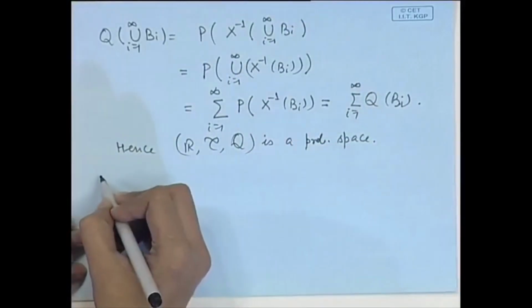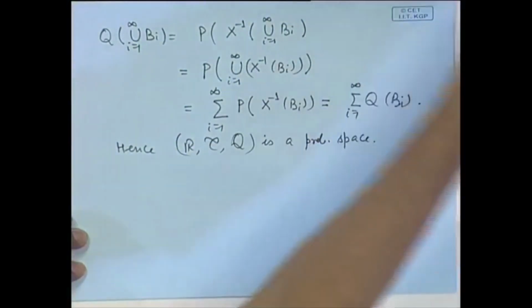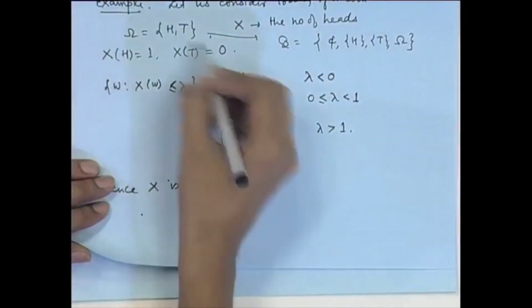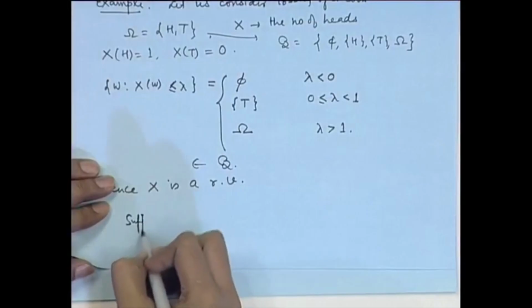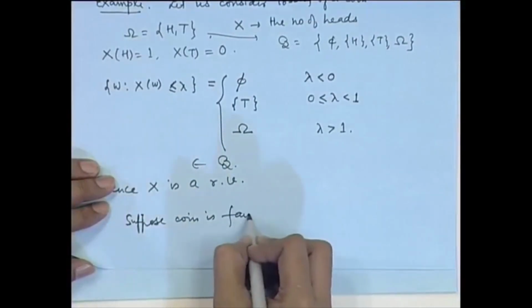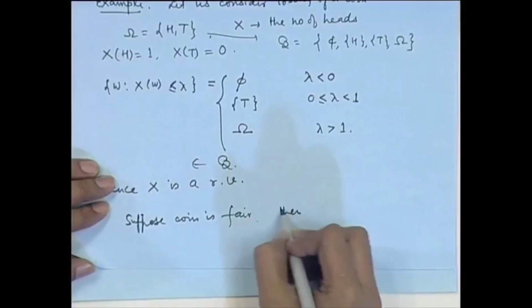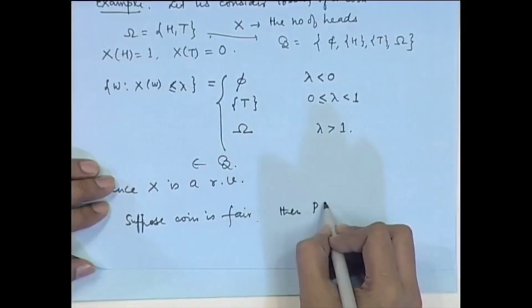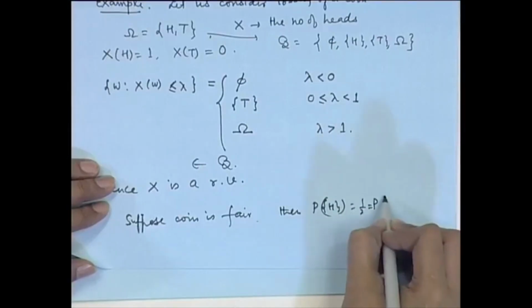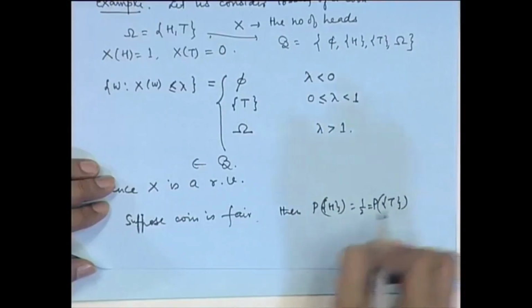So, let us look at this example of head and tail. Here, if we say that the coin is fair, then you will have probability of H is equal to half and probability of T is equal to half.